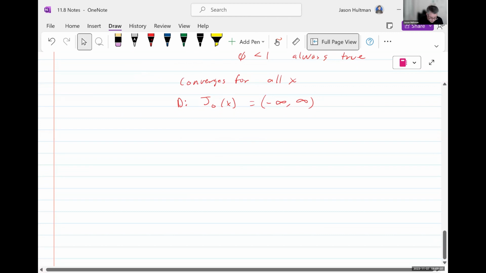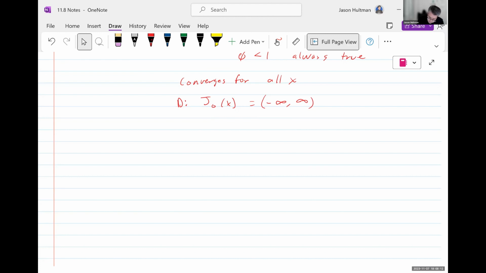Okay, let's look at a couple of rules here. Theorem. For a given power series, the summation as n equals 0 to infinity of c sub n times (x minus a) to the nth power.